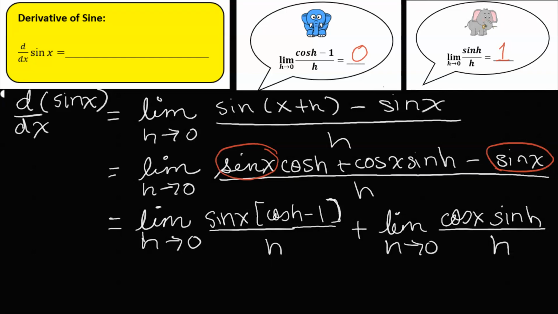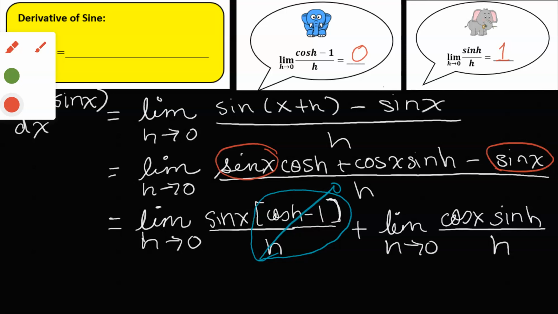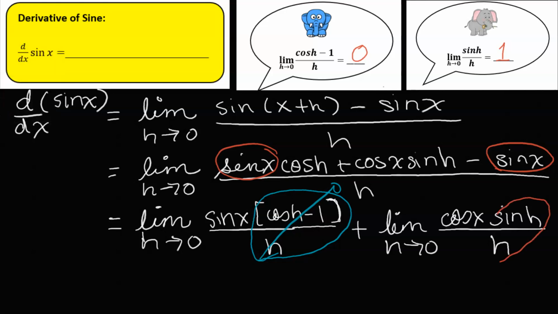Do you recognize the blue elephant and the pink elephant? The blue elephant is this right here, and that goes to 0. The pink elephant is this one right here, and that goes to 1.